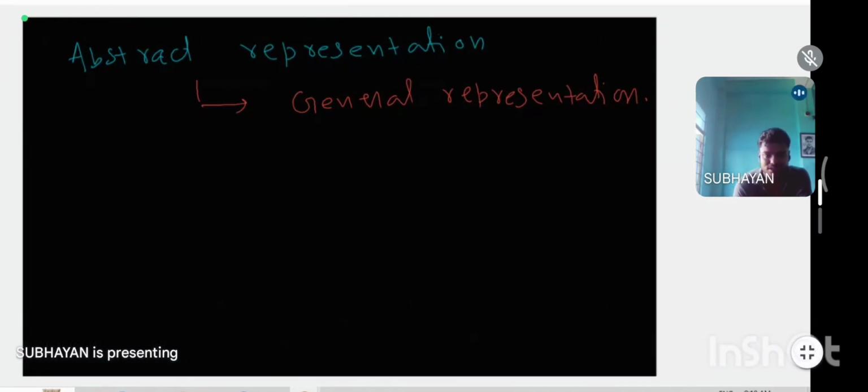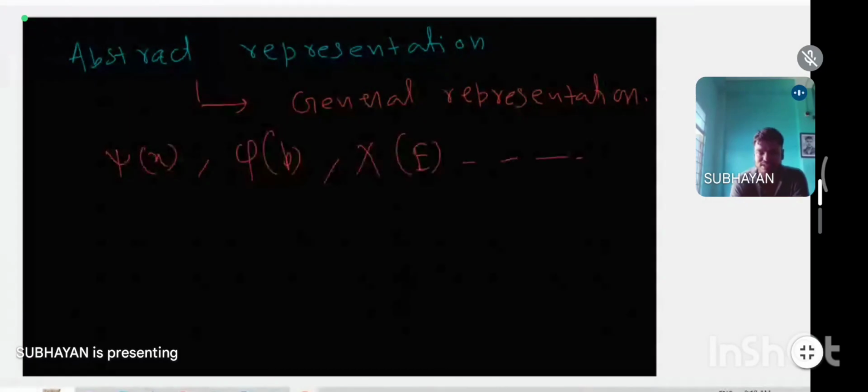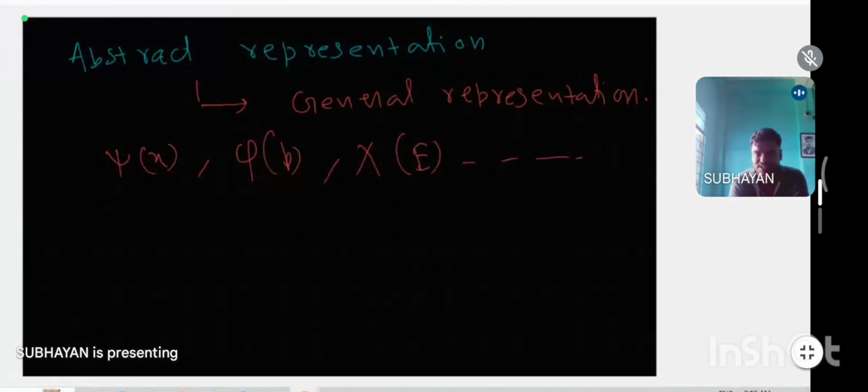You can represent the wave function as psi a, any sort of representation. But Dirac generalized this representation and introduced a general form, the abstract representation, also known as the bracket representation, the Dirac bracket representation.